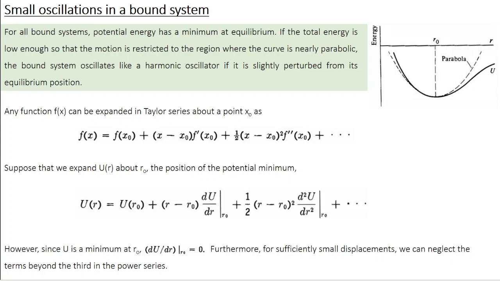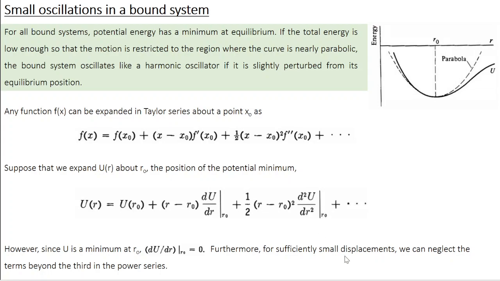So if you take a bound system whose potential energy function is u of r, then we can expand u of r using the Taylor series about the equilibrium position r naught. So you can write u of r equals u of r naught plus (r minus r naught) du by dr at r naught plus half (r minus r naught) squared d squared u by dr squared at r naught plus all the higher order terms.